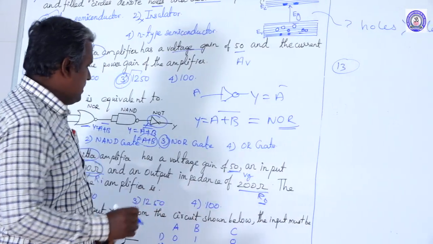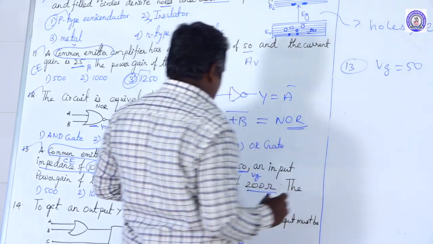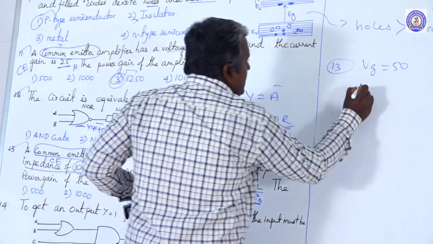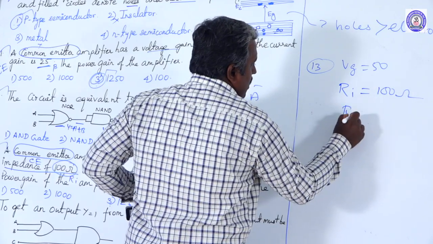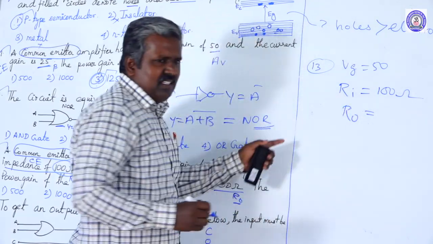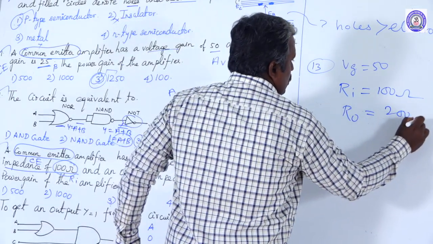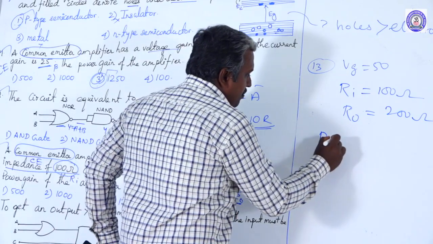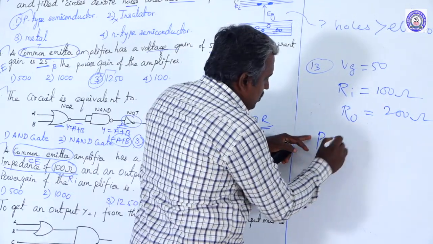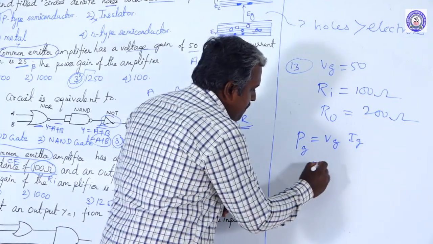What are the given data? Voltage gain is equal to 50. Input impedance R_i is equal to 100 ohm. Output impedance or resistance, R_o, is equal to 200 ohm. The power gain of the amplifier is equal to voltage gain times current gain.